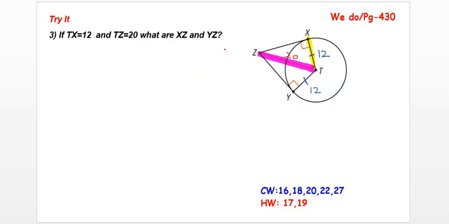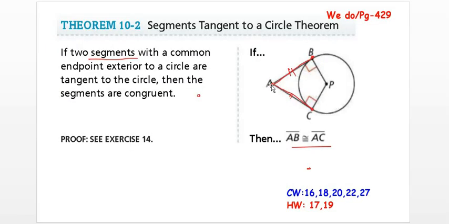Now they want you to find how long is XZ, and how long is YZ. First of all, XZ and YZ will have the same measurement, because according to this theorem, for any point lying in the exterior of a circle, the segments drawn from that point to the points of tangency will have the same measurement.